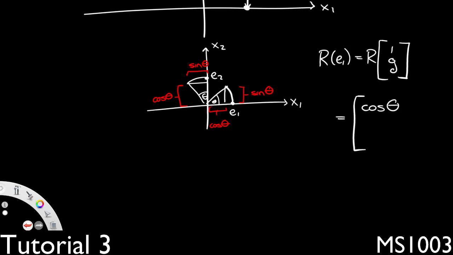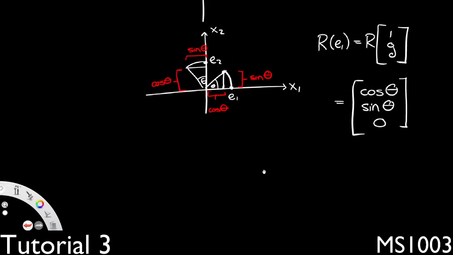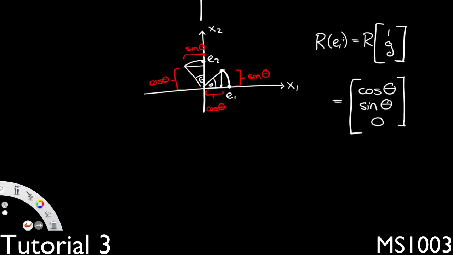Right, so my x1 component is only the cosine of theta. My vertical component is the sine of theta. And my E3 component, nothing happens, right? It doesn't change. So I can just leave it at 0. If that makes sense. And so get OR of E2 and then OR of E3.